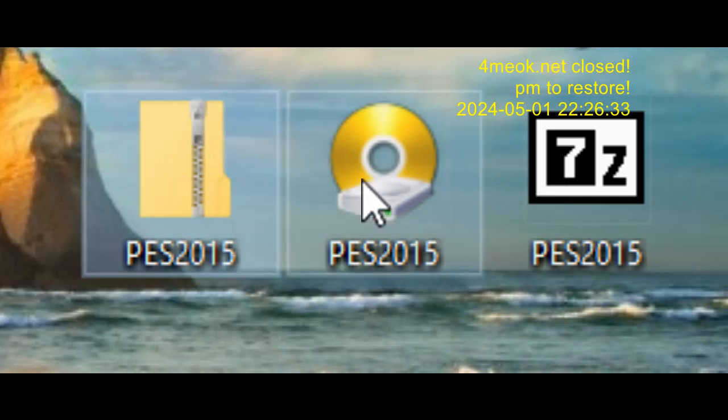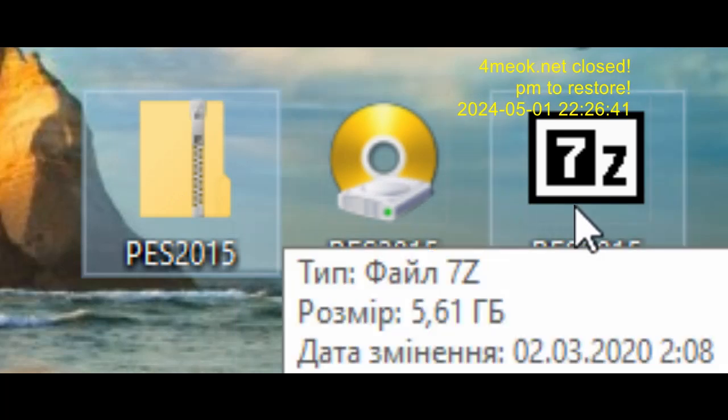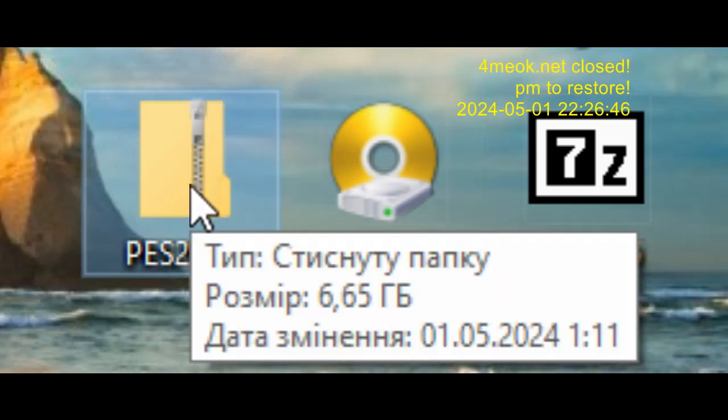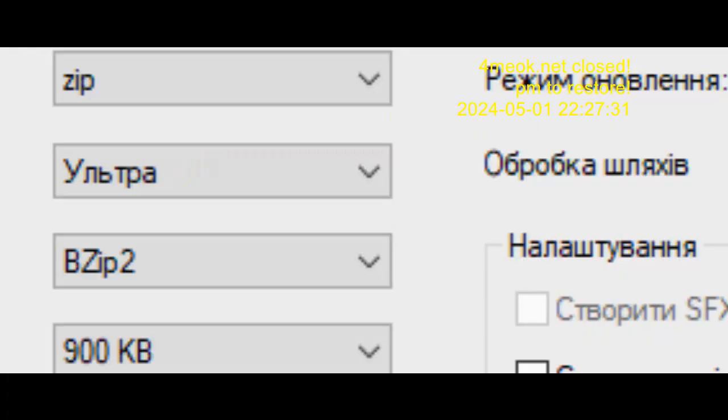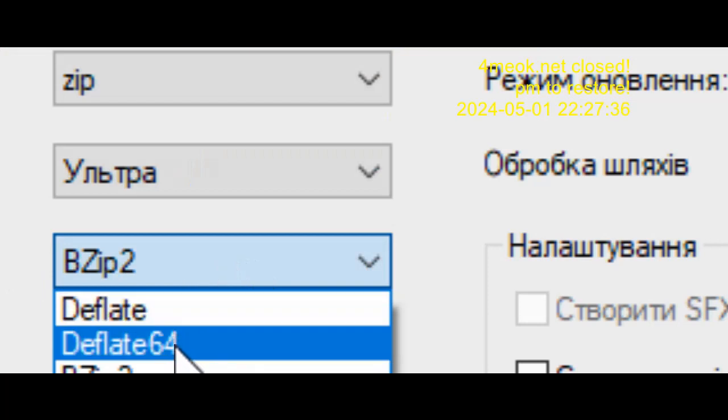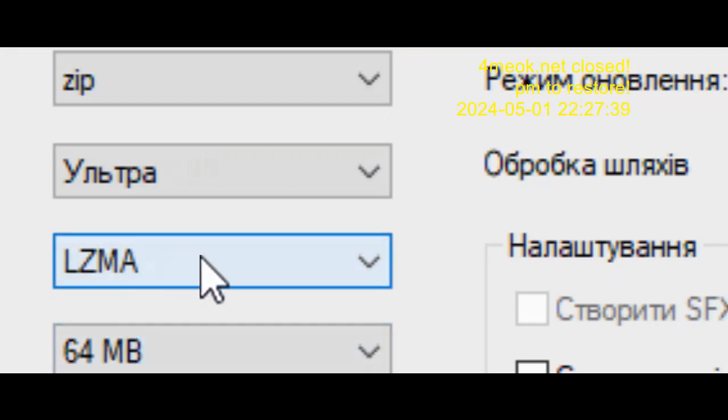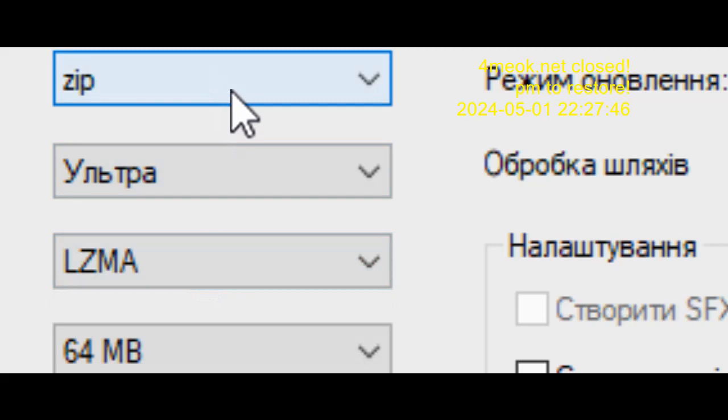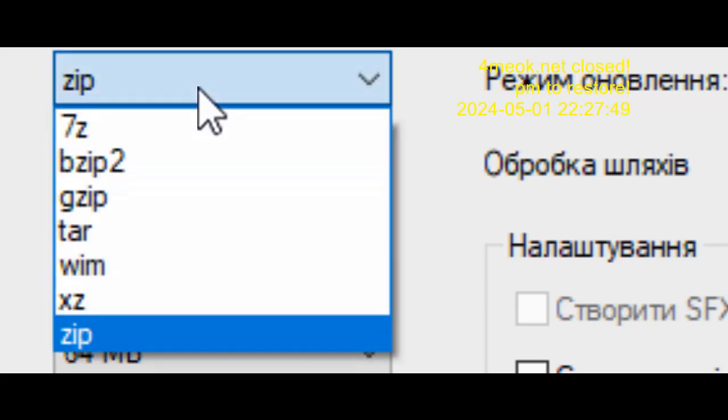These two are of the same type, because it's one compression. 7-zip or any other type of compression, even for general zip, when you use such compressions as bzip2, for example, or LZMA, so it will be compressed, of course, but it is the same type of compression as 7-zip.